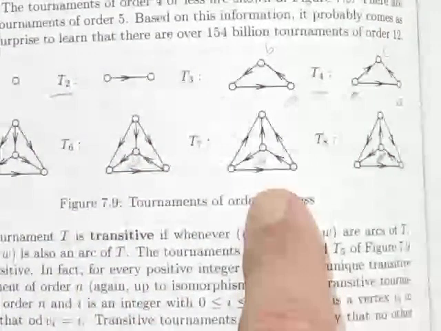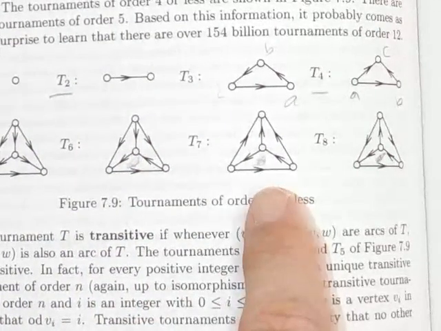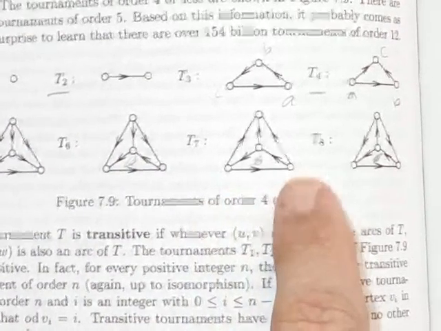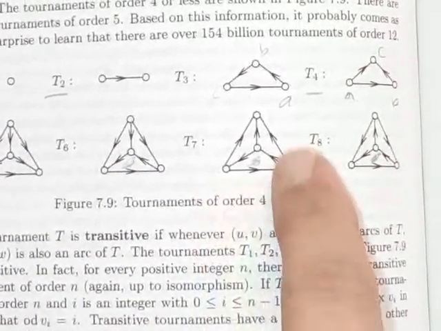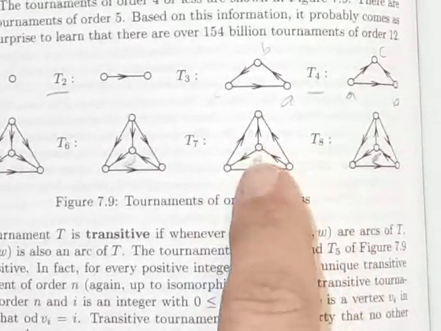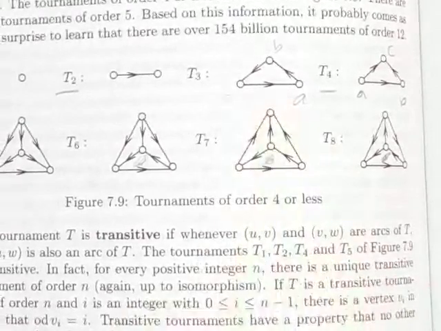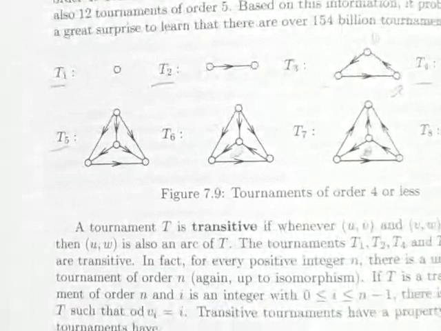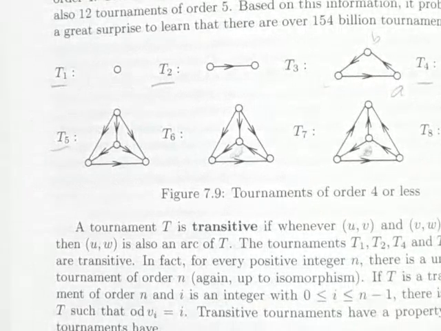T7. Top is 0 in out degree. What about T5?